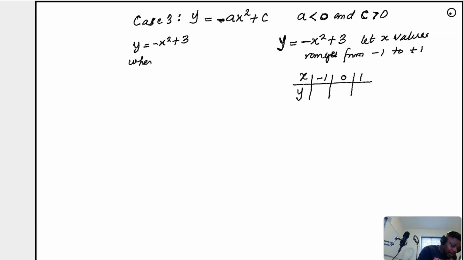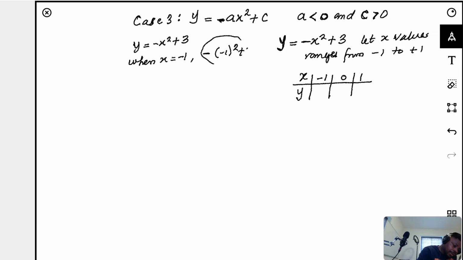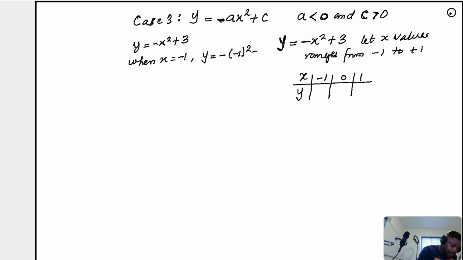So when x is equal to minus 1, this is minus 1 squared plus 3. Sorry, let me write it properly so you can follow. So y is equal to minus 1 squared plus 3. So this is minus, this is 1 plus 3. So this is minus 1 plus 3, which is 2.